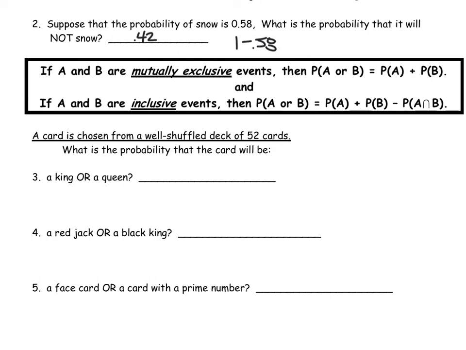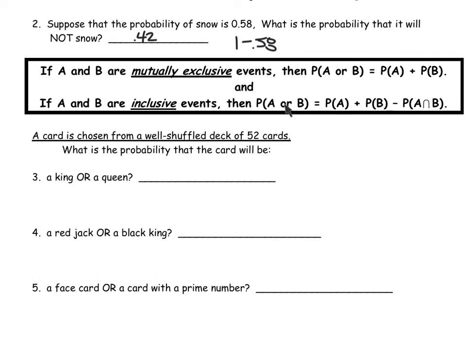Now, the part that we hadn't talked about the other day, but we're going to talk about today, are inclusive events. You see, it says here, the probability of A or B. Remember the word or means we're going to add our probabilities.